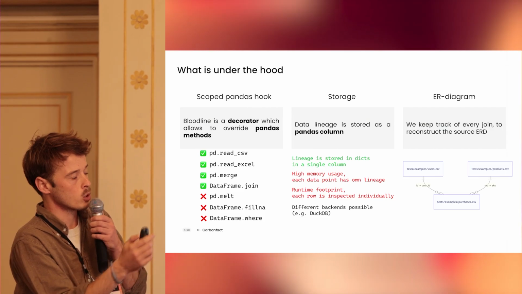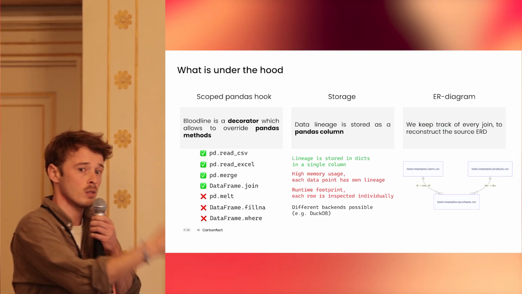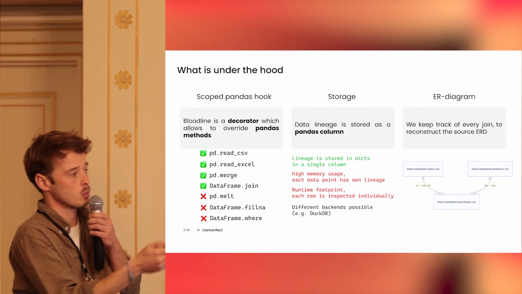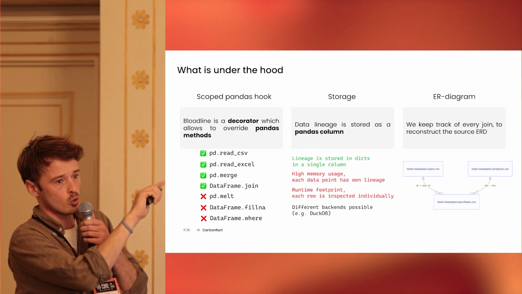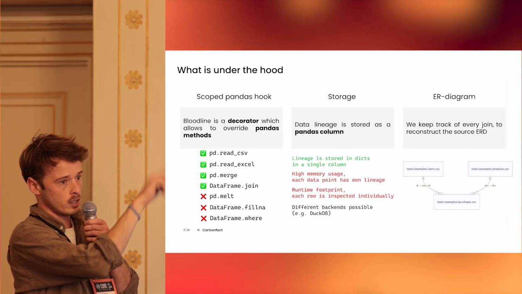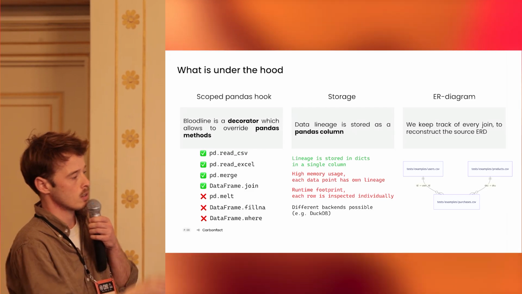They don't have this. So it'd be quite cool if all the Python code that we have automatically keeps track of the merges and the joins, and then you can generate the ER diagram and give that to the customer on the platform. And this is possible now. So in bloodline, when you use the decorator, every join adds the join to a database of joins, and in the end, you can generate this ER diagram.